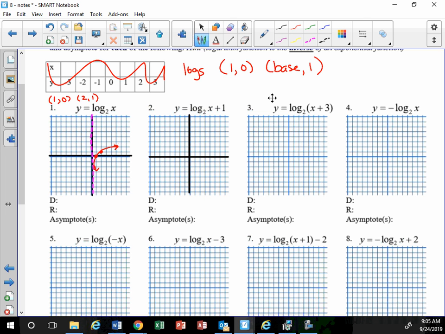So what's the domain of this one? 0 to infinity, and what's the range? Negative infinity to infinity. Do you guys see how that's just the reverse of the domain and range from your exponentials? Okay. And then your asymptote, instead of y equals 0, it is x equals 0.